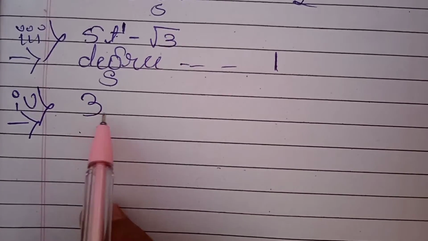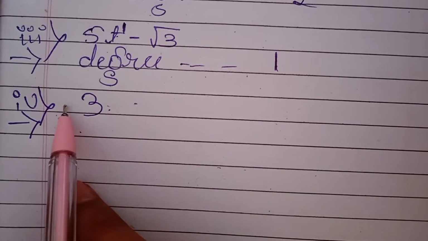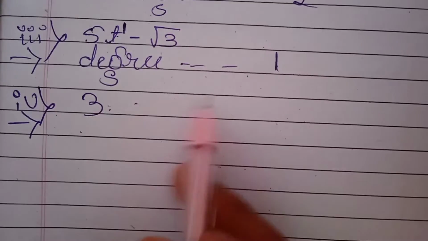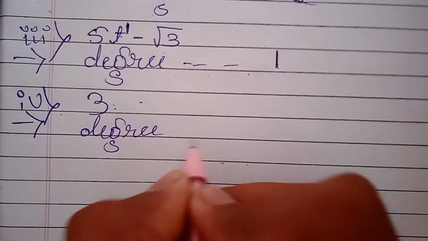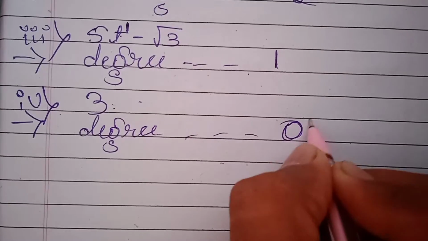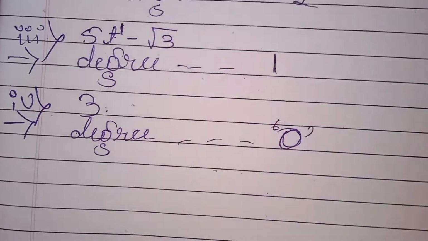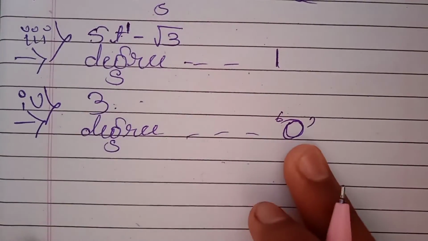There is no variable and there is no degree, no power, no exponent. We should write it simply: degree of the polynomial is 0. There is no variable, so we should write it as 0.